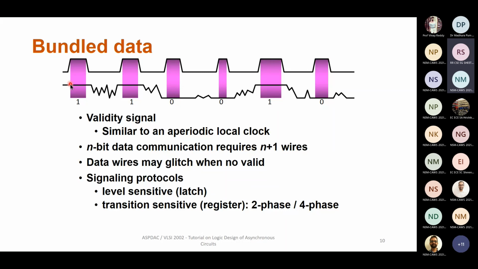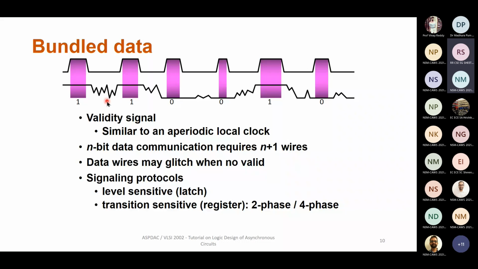The big issue is the generation of the valid signal. In a synchronous design, it is a clock signal that decides when we are going to sample, right? But in a bundle data protocol, it's this valid signal which decides when we sample. Let's say I've generated a valid signal here. Now, when do I generate my next valid signal? How do I know how long this glitch or these effects are going to be there?